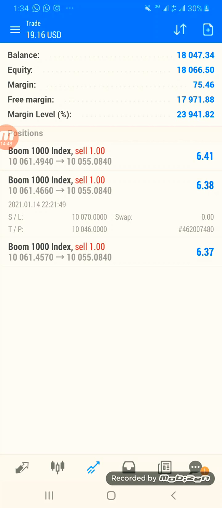And this one will be 20, because I said we have 5 pips in our first target, so it means 5 times 4 equals 20. That is, this would be 20 pips, $20.